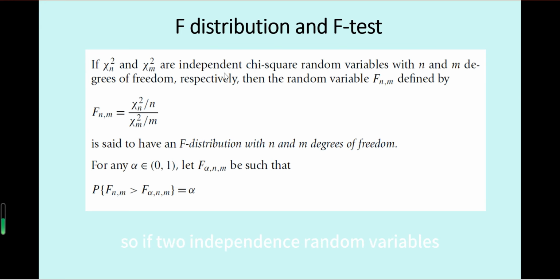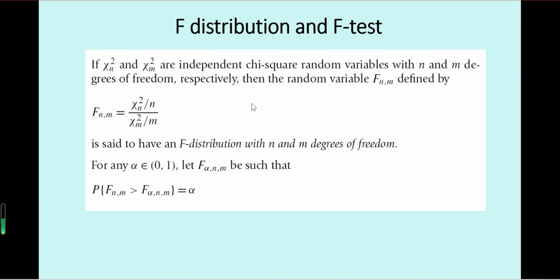If two independent random variables follow chi-square distributions with n and m degrees of freedom, chi-square n and chi-square m, then the ratio of these two random variables, each divided by its degrees of freedom, this statistic F, will follow an F-distribution with n and m degrees of freedom.